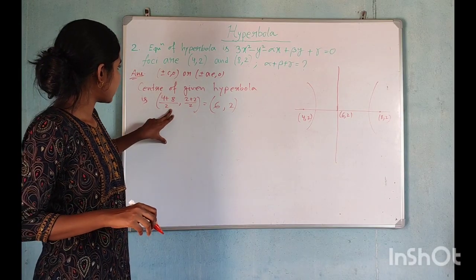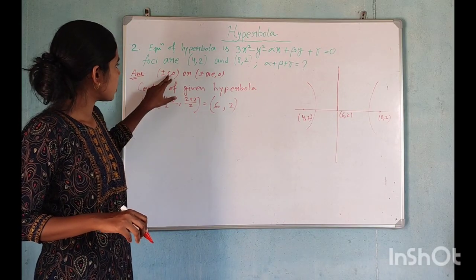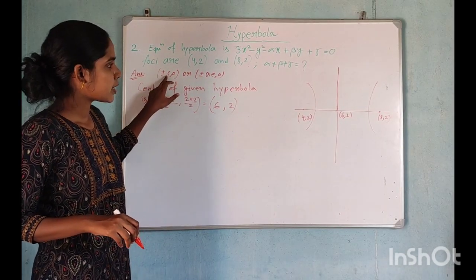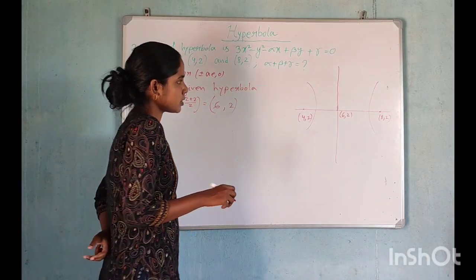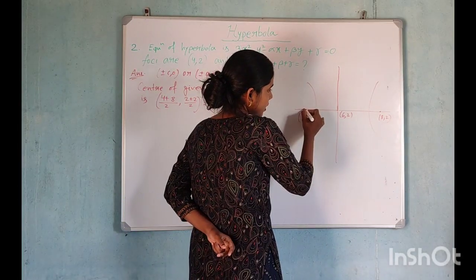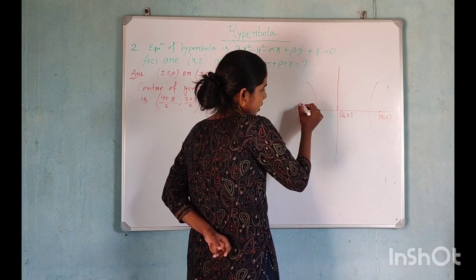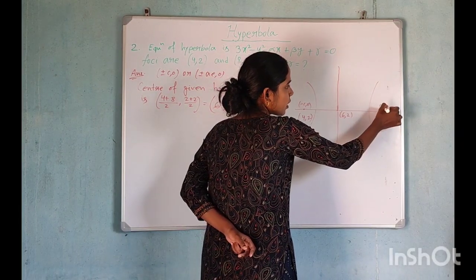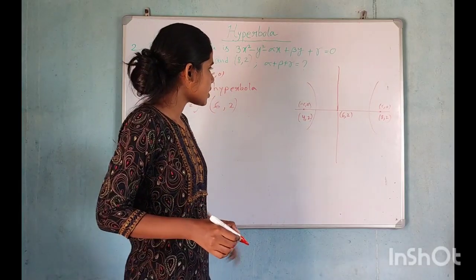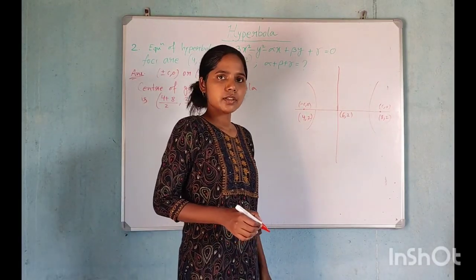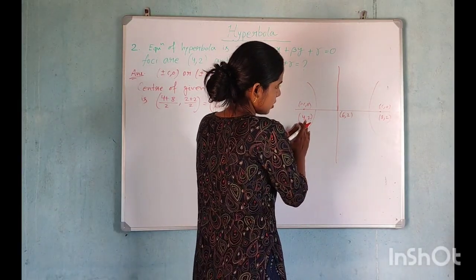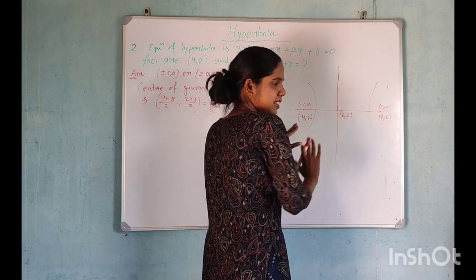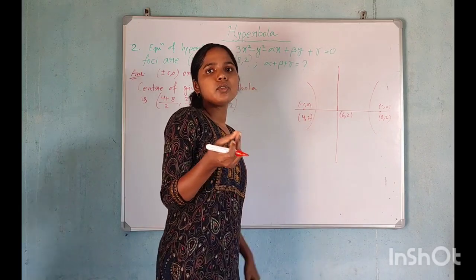Before that, can we derive the value of C here? C or A, whatever. Can we derive the value of C? Because we know that in standard form this point is minus C, 0 and this is C, 0. So the distance between them is actually 2C. Here the focus coordinates are given, so if we take the distance, it will be equal to 2C.